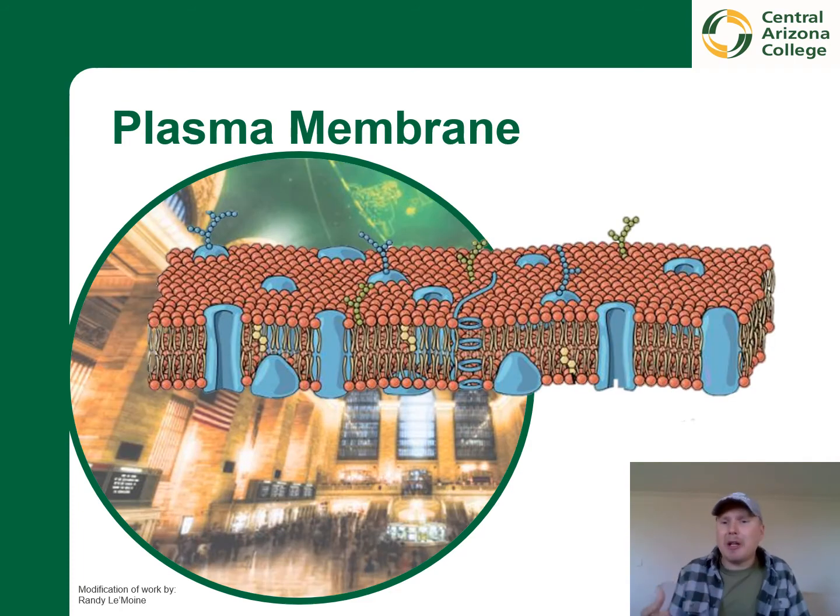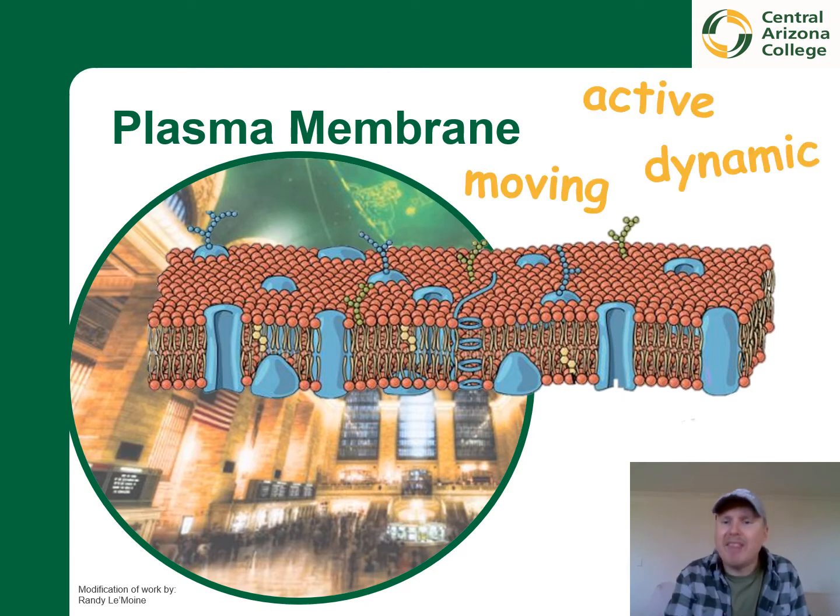This is an analog to the plasma membrane, which has many functions, including movement within the cell and across the boundaries in various processes of the intracellular and intercellular activities. I guess the big take-home message here is that the cell membrane is very active, dynamic, and constantly moving.